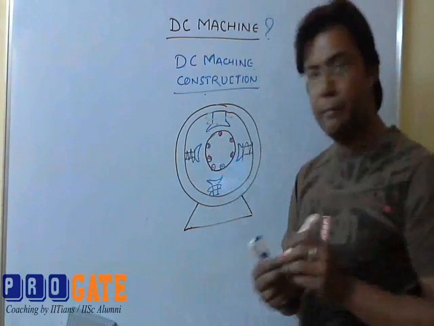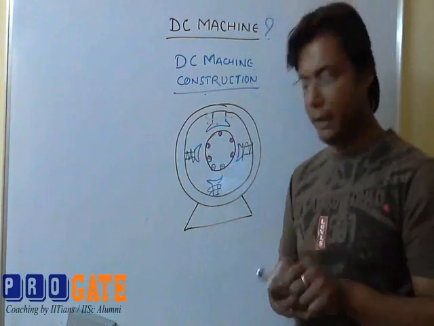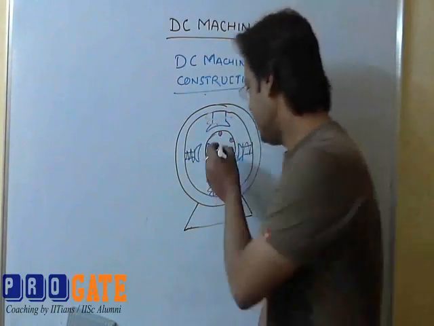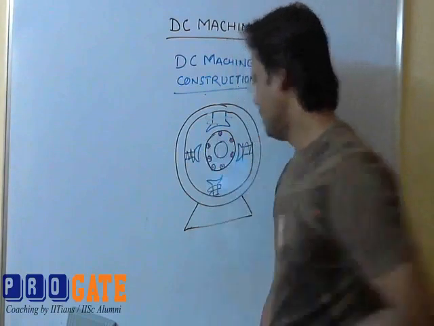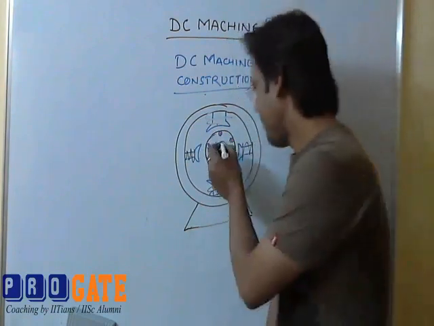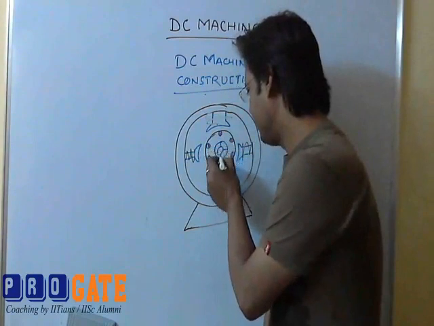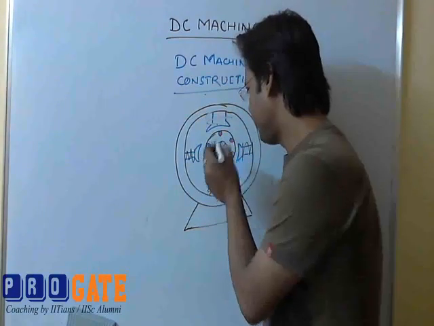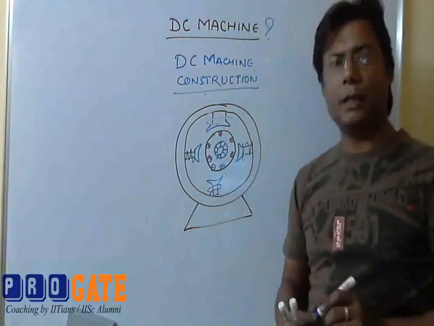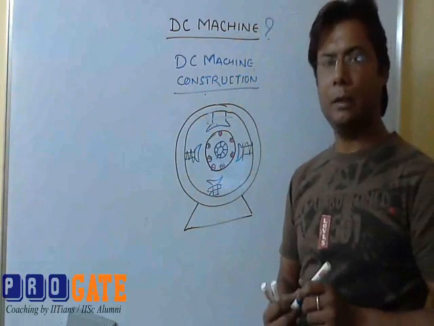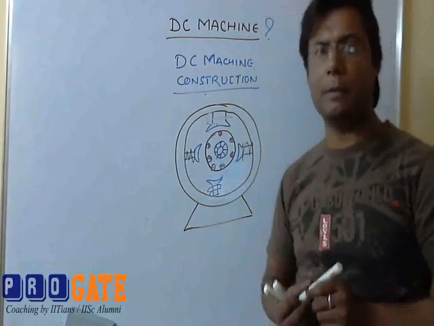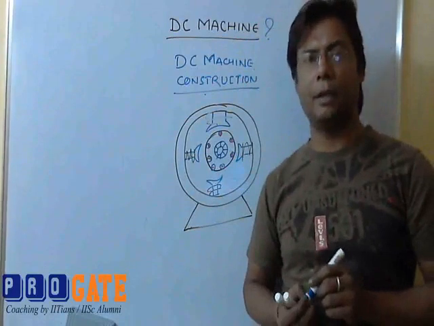And since we are talking about DC generators, there will be a small thing which is called the commutator. The commutator serves the purpose of converting AC to DC or DC to AC.